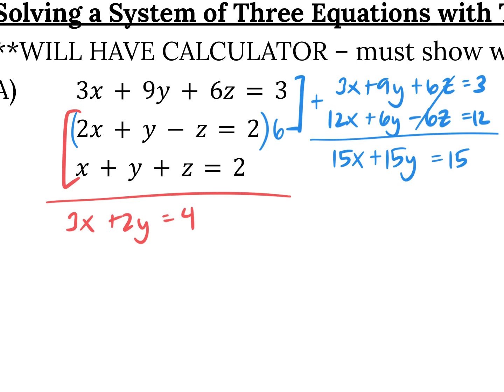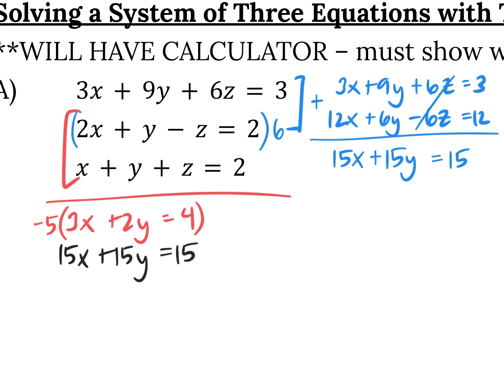So now I have 2 equations with 2 unknowns, so I can solve this system by moving this over here. And I am going to multiply this top equation so that I can get rid of a variable. So I'm going to multiply by negative 5 so that I can get rid of my x's there.